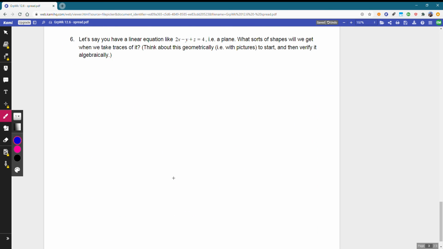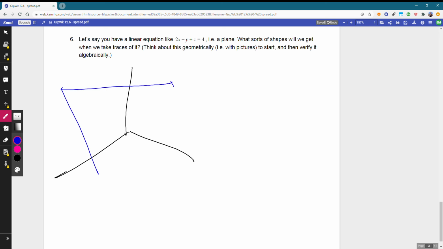All right, so next we're thinking about planes. Let's say we have a linear equation. What sorts of shapes will we get when we take traces of it? Start off thinking geometrically. If we just toss some plane onto the page, you can imagine if we took other traces of this plane, each time we're cutting this with another plane, and however we do that, we're going to intersect at a line.